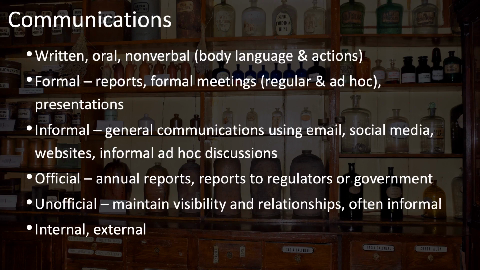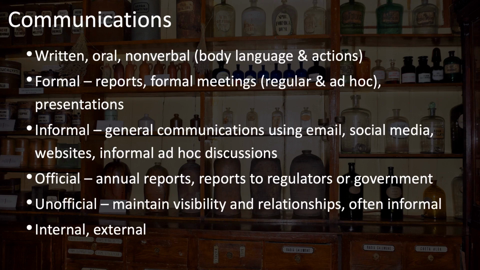Communications also include both official and unofficial communications. Official communications are things like your annual reports or reports to regulators or government agencies. Unofficial communications are used to maintain visibility and relationships and are often informal.